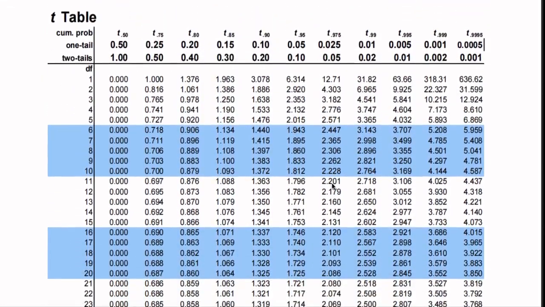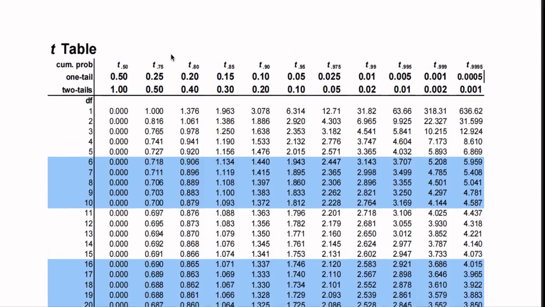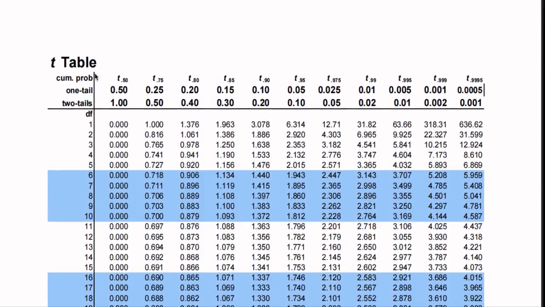The T table is a table of the T distribution. We call it the Student T distribution. What do we do here? It is our intention to obtain a value from this, but you need to understand two important things about the T distribution.